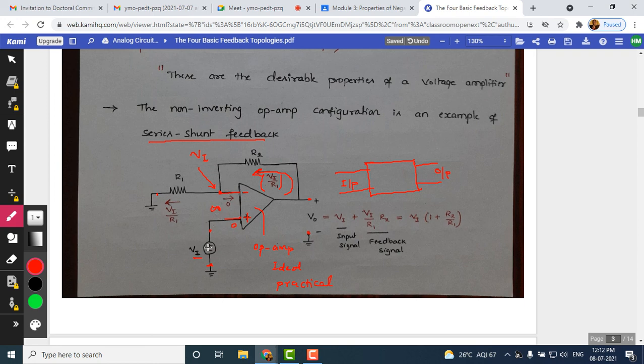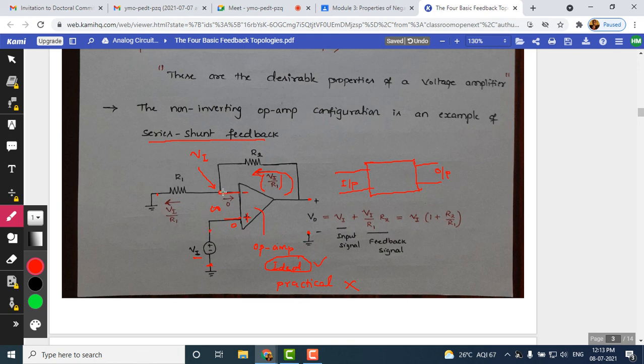So this is an input signal, and according to the virtual ground concept, this point also will behave the same way, as long as this op amp is ideal. We are not using the practical op amp, we are using an ideal op amp here. The ideal op amp expects the input impedance to be infinity. Therefore, the current drawn by this op amp is 0, and it tries to make these 2 points have the same voltage.